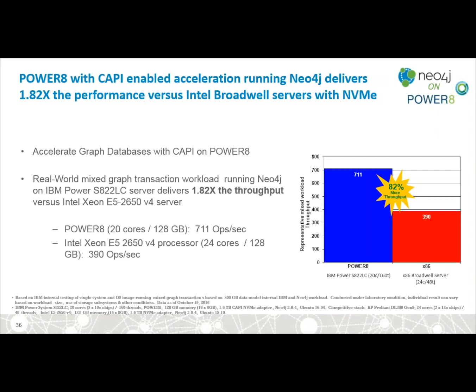So significant performance advantage, and what we expect is, especially for even larger data sizes, especially if you go to a terabyte or more, this platform will provide a significant performance and, more importantly, price performance advantage for processing graphs.